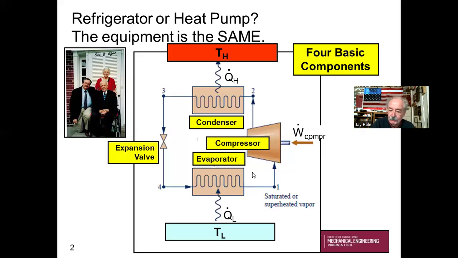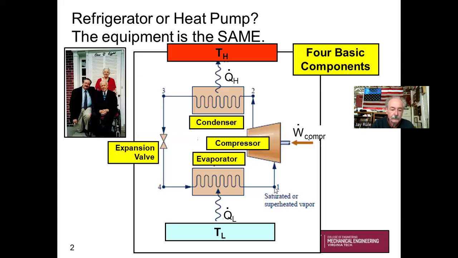And those are our four components. So out of the evaporator, heat is absorbed at constant pressure. And then we go right back into the inlet of the compressor as saturated vapor refrigerant, and then we go back around for another cycle.